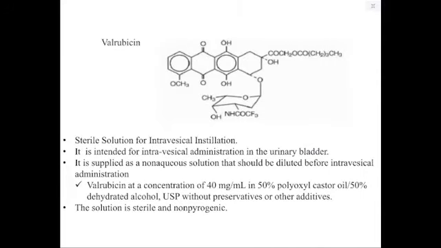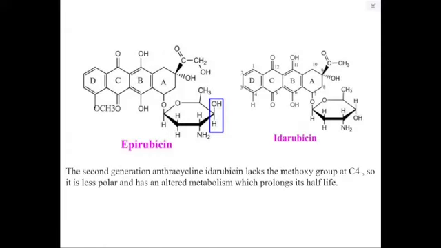Then we also have another drug we call valrubicin. If you look at valrubicin, you can see several changes there. It's position 1, position 2, position 3, position 4. Position 4 still carries the normal hydroxyl group. That position 4 is okay.